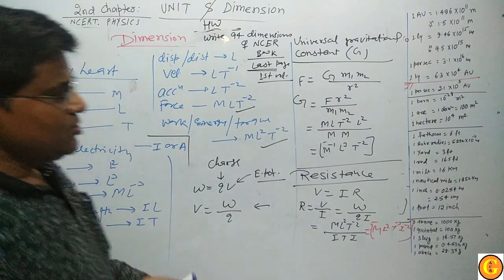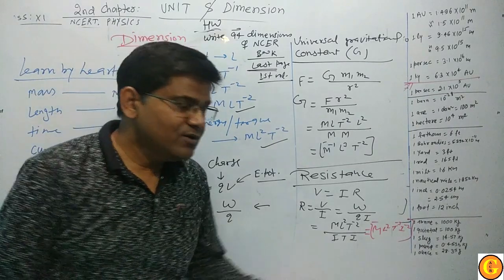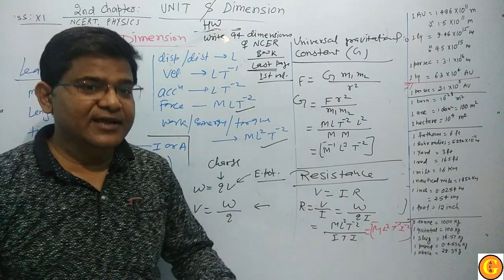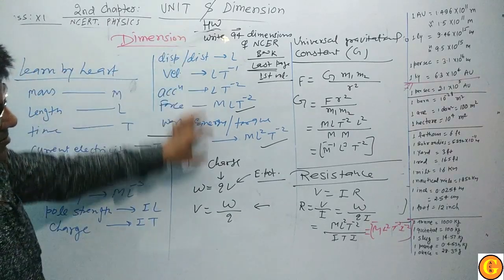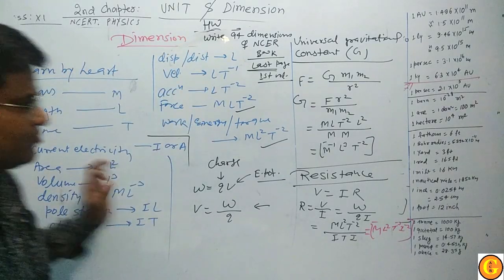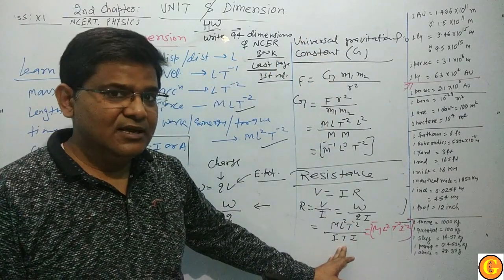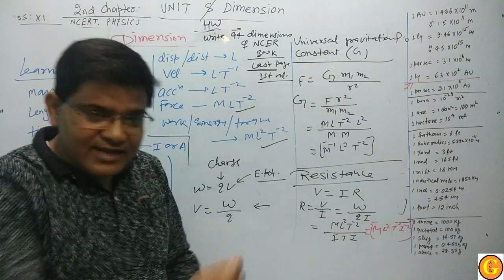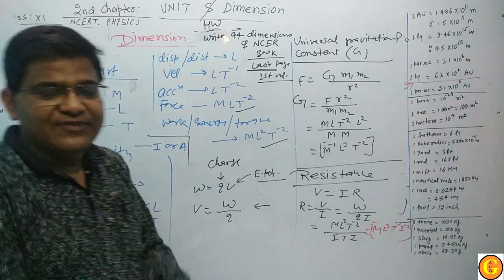But you must remember, don't write the dimensions directly. You go through this with the help of these dimensions and solve like this. Just writing the dimensions is not beneficial.